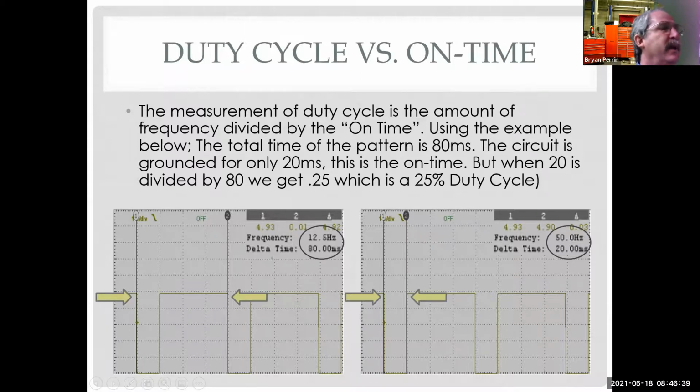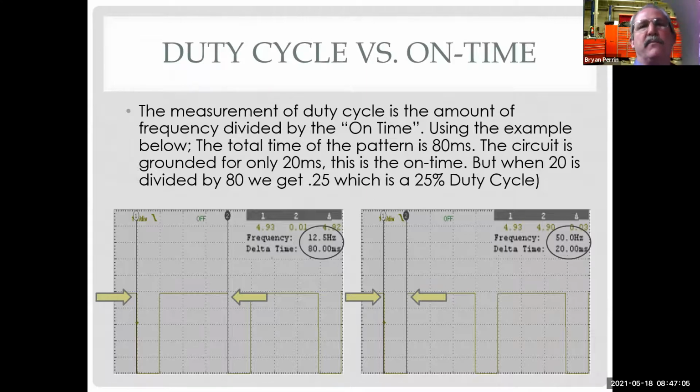Now, in this case, I have a 25% duty cycle because I'm turned on for 25% of the time. That's what we did here, we moved the cursors over and showed 20 milliseconds, which is 1/4 of 80. So my whole cycle is 80 milliseconds in this case. 20 milliseconds is turned on, 60 milliseconds is turned off.